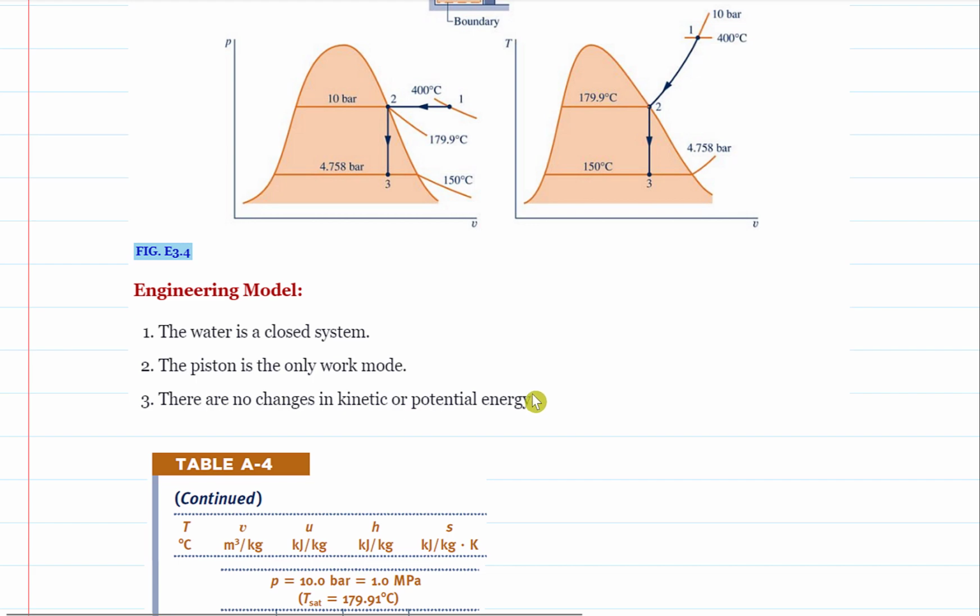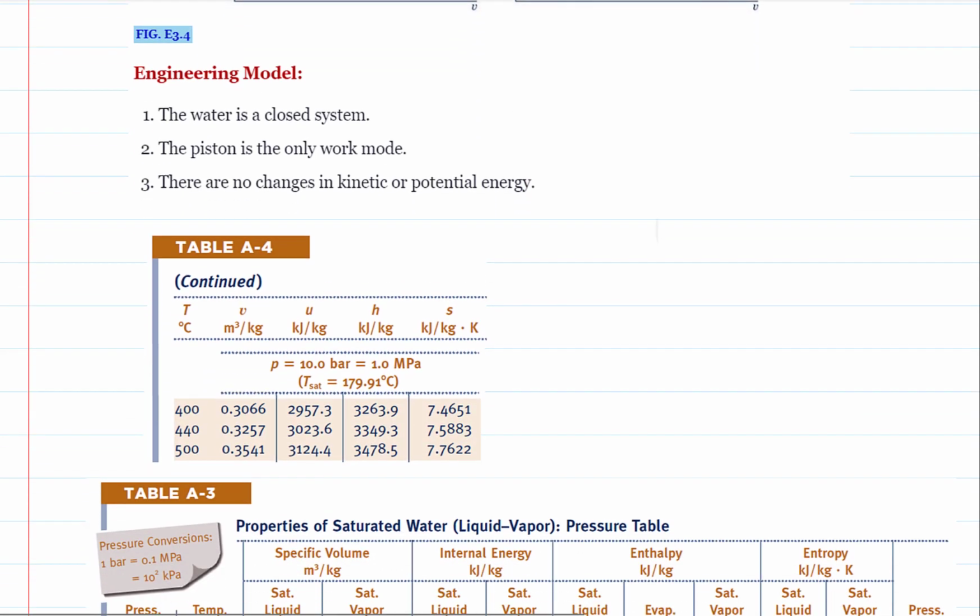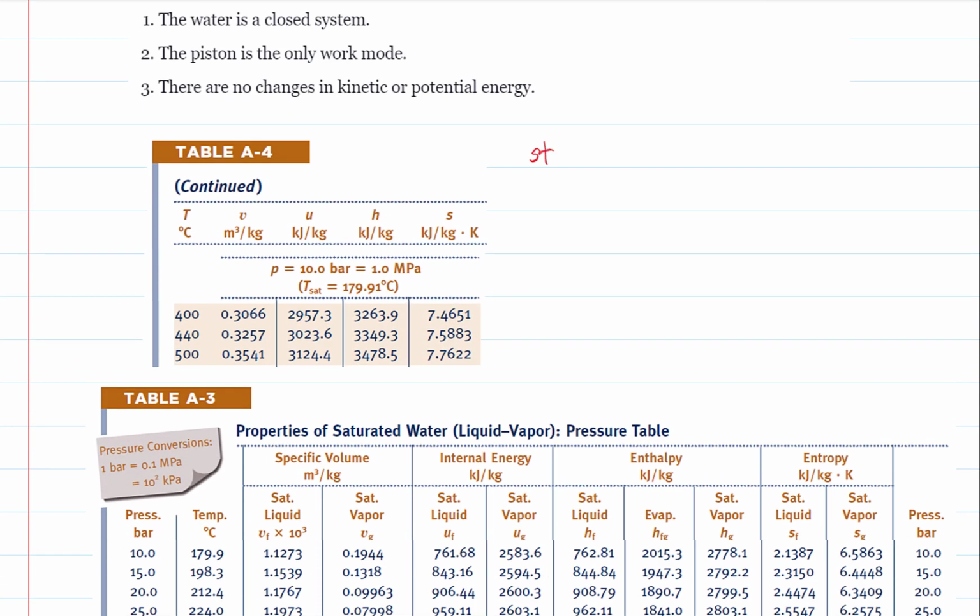So first thing what we will do is to fix the state. State 1. Pressure is given, 10 bar. Temperature is also given, 400 degrees Celsius. So two independent properties are known, so we can fix the state.